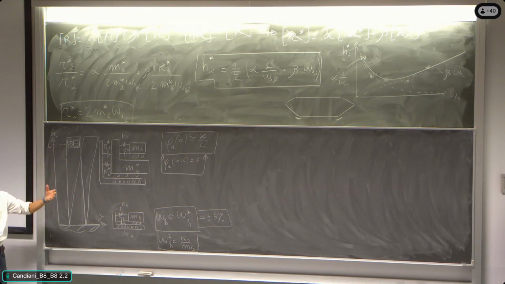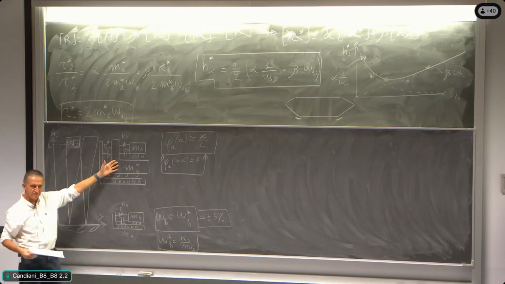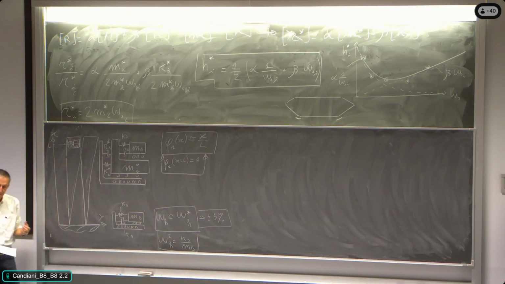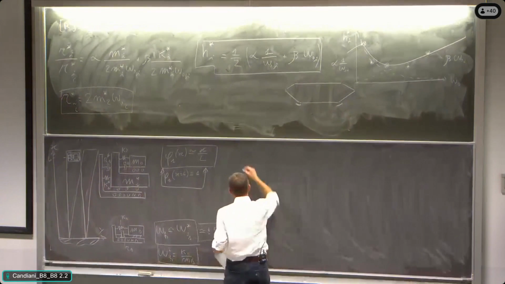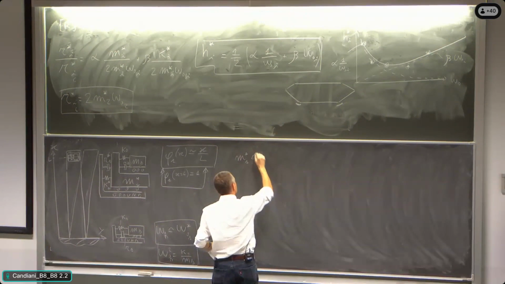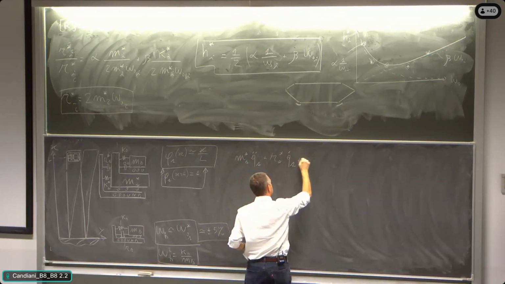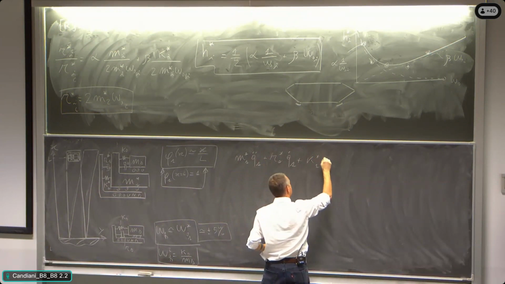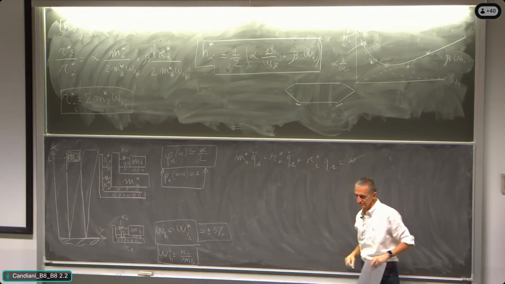But what is the connection of this normalization to 1 with the modeling that we are speaking about here? Why are the two things connected? Because when we say that the mode is working, we write the equation of the mode: M1 star Q1 two dots plus R1 star Q1 dot plus K1 star Q1 equals 0, and this is the free motion, all right?